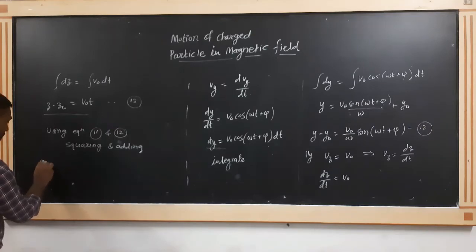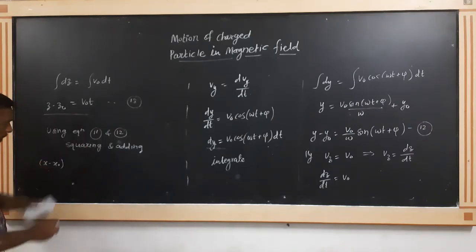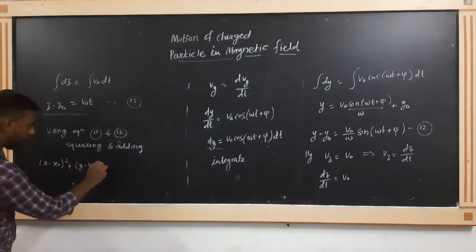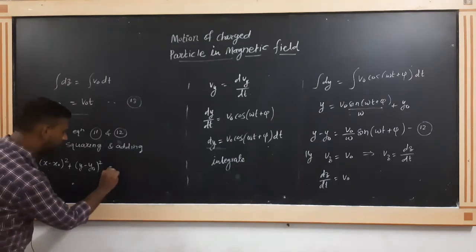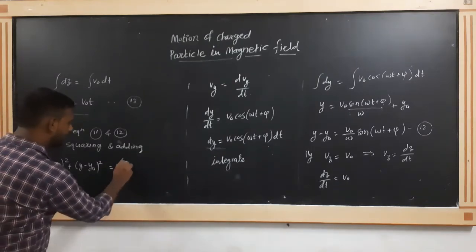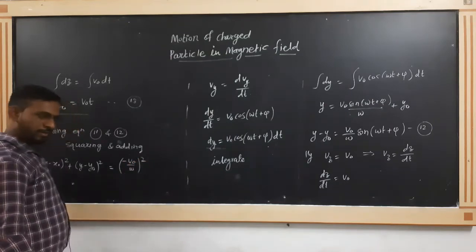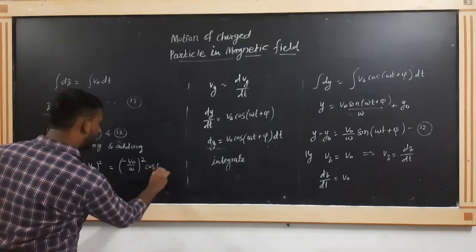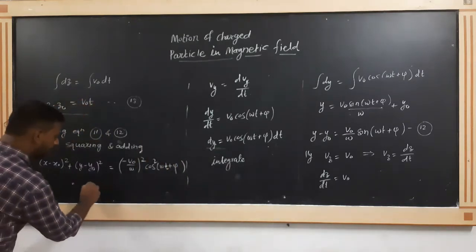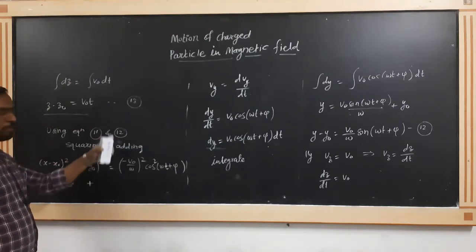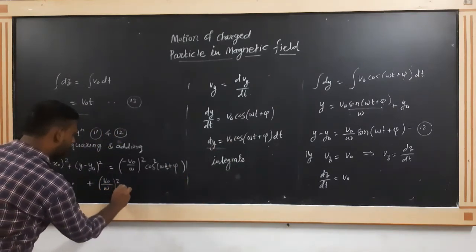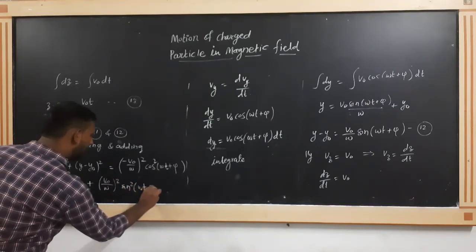So x minus x0, the LHS of equation number 11, squared, plus y minus y0, the LHS of equation number 12, squared, equals the RHS: minus v0 upon omega squared times cos squared of omega t plus phi, plus v0 upon omega squared times sine squared of omega t plus phi.